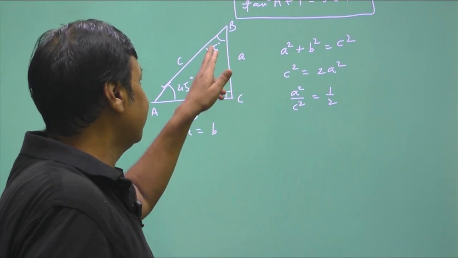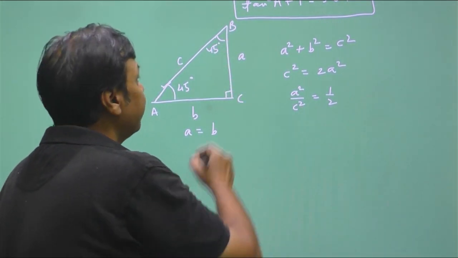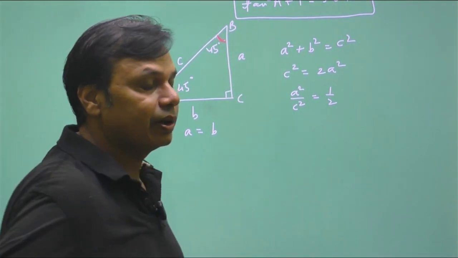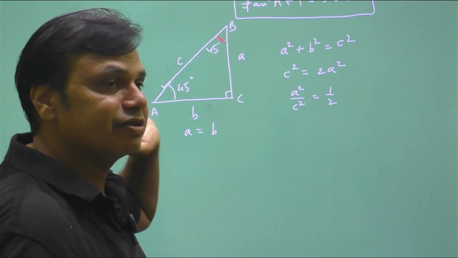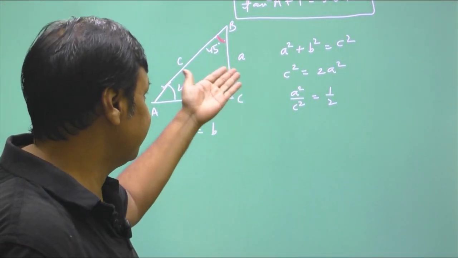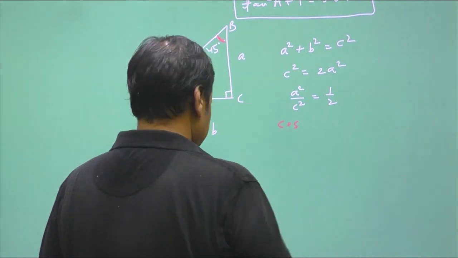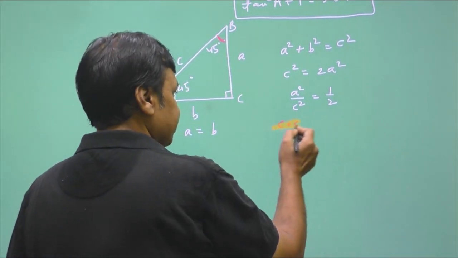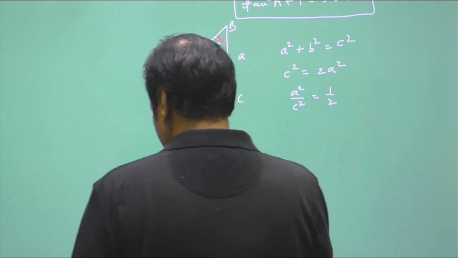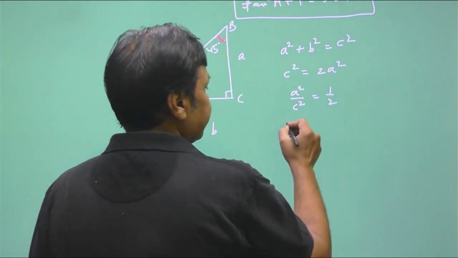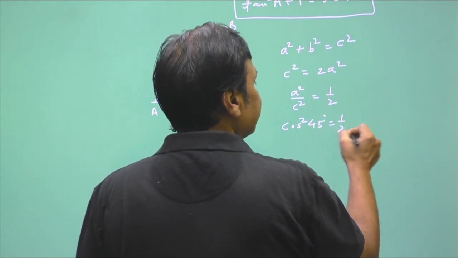If you take this angle, then this becomes the base and this is the hypotenuse, so you can write cos square 45 degree is equal to 1 by 2.